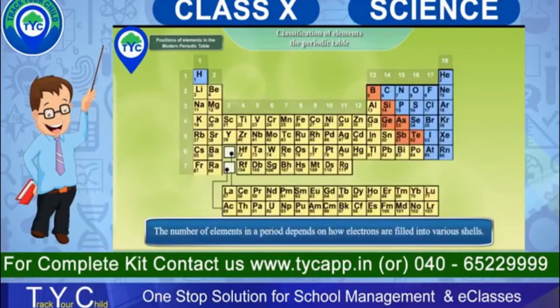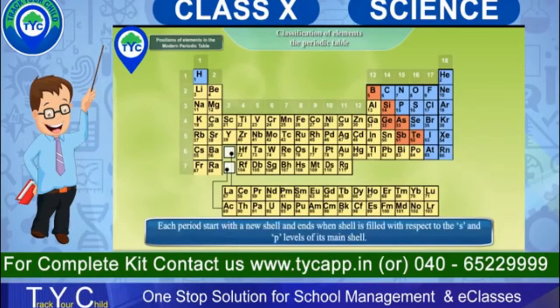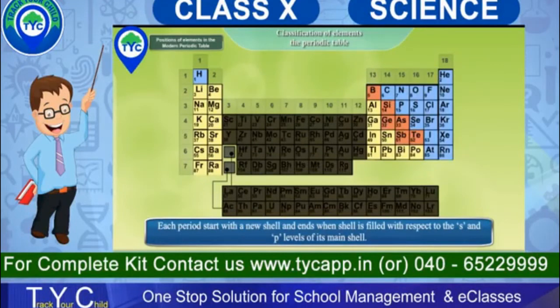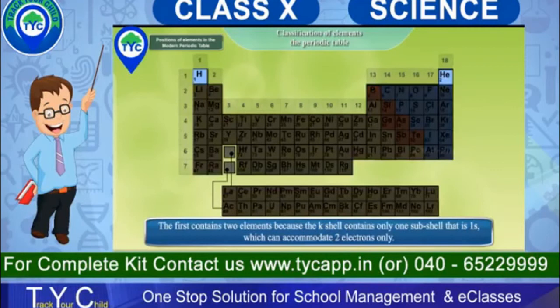The number of elements in a period depends on how electrons are filled into various shells. Each period starts with a new shell and ends when the s and p levels of its main shell are filled. The first period contains 2 elements because the K shell contains only one subshell, that is 1s, which can accommodate 2 electrons only.